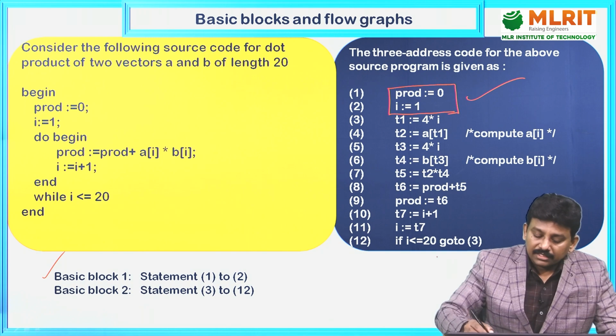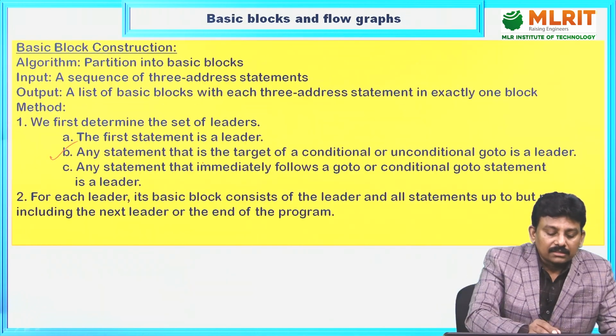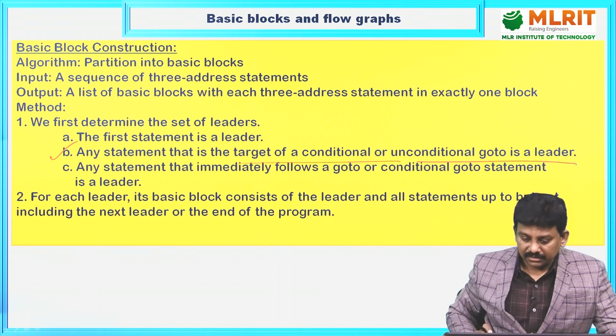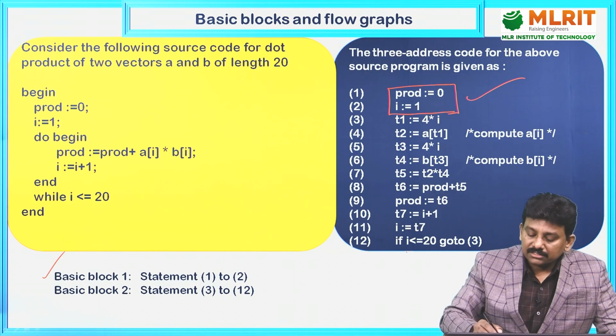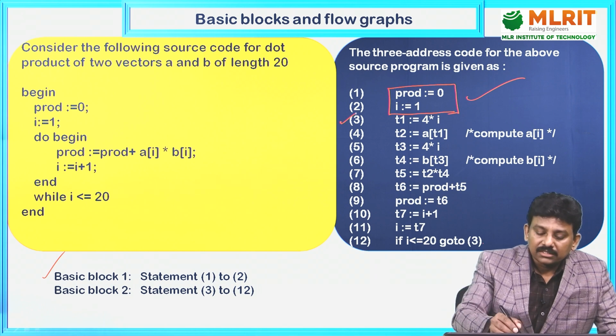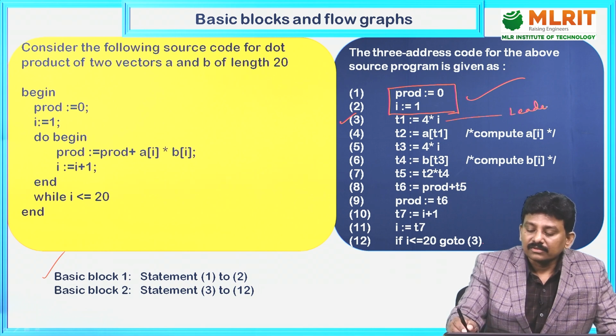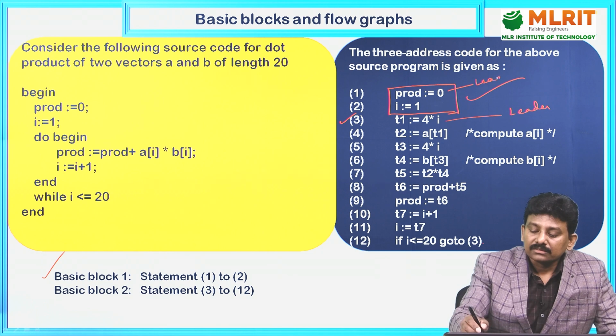Then, the rule is that the target of a conditional or unconditional go to is a leader. See, there is a conditional statement, if I less than or equal to 20 go to 3. 3 is label 3, that is T1 is equal to 4 into I, that is a leader. This is also a leader.